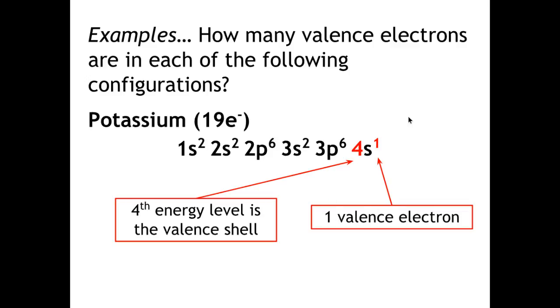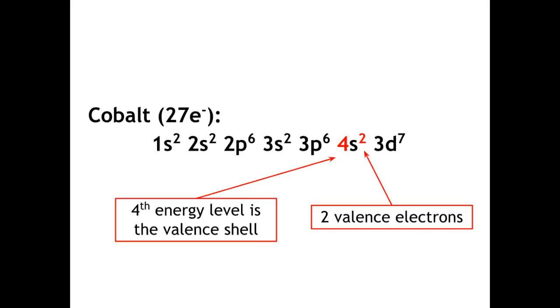Remember that represents electrons. It has 1 valence electron. So all we do for valence electrons is count the electrons in the highest energy level given for each element. Let's do an example of cobalt. Cobalt has 27 electrons. Right, 1s2, 2s2, 2p6, 3s2, 3p6, 4s2, 3d7. If we add all those electrons together, we get 27. Notice how 3d7 is a higher energy, but it's not the highest energy level given.